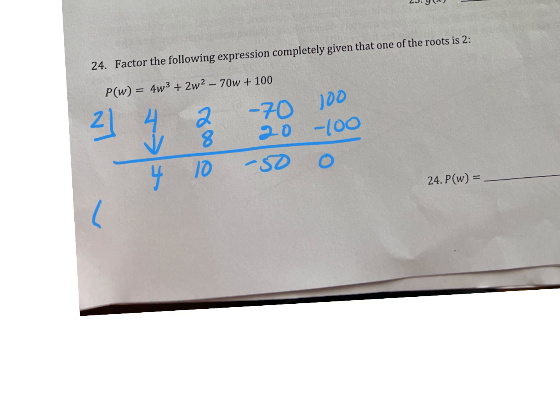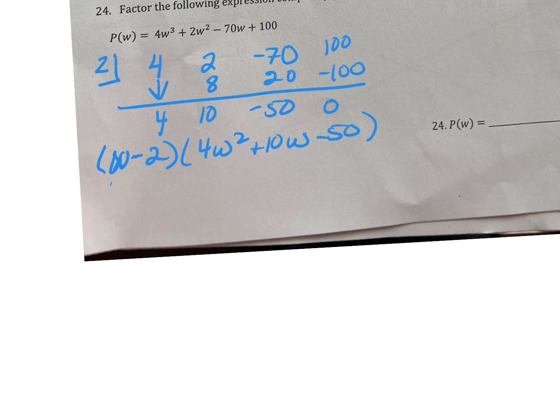So now we have x minus 2 times 4w squared plus 10w minus 50. So w minus 2, 2w, and how is this going to factor?